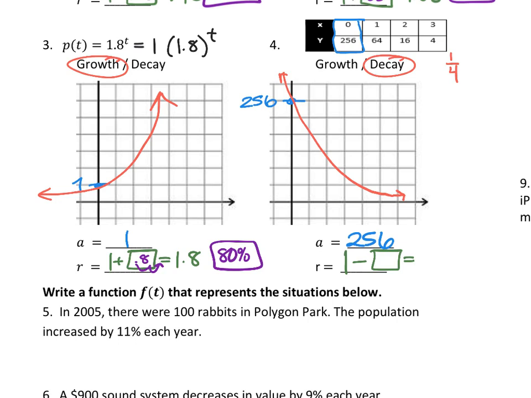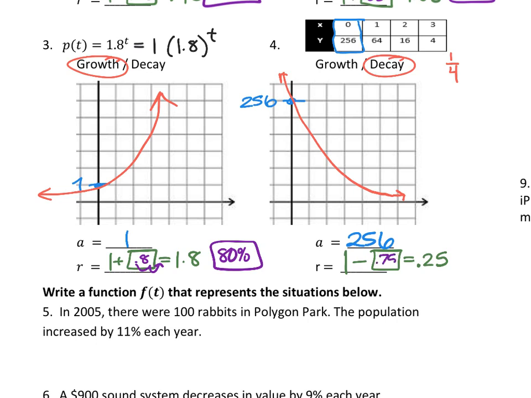Y'all know I love fractions, but I'll help you out today. What is 1/4 as a decimal? 25%, or 0.25. So what do I put in that box? 1 minus something equals 0.25? 0.75.